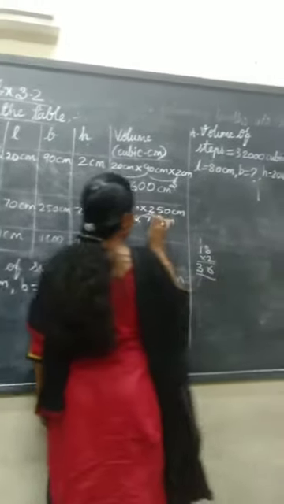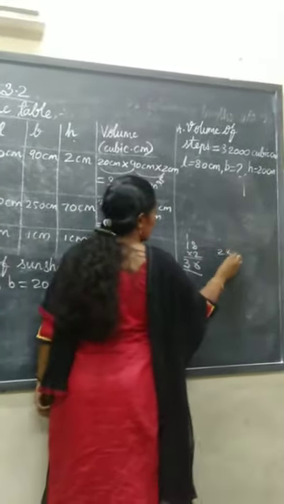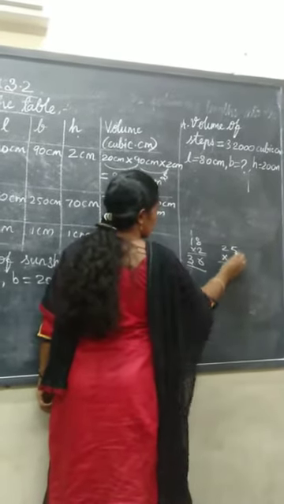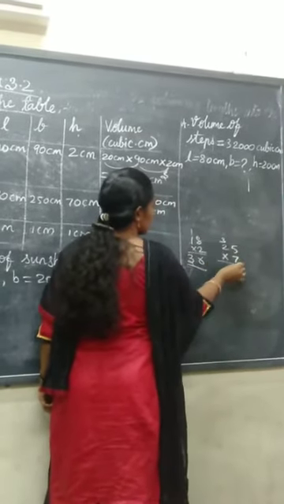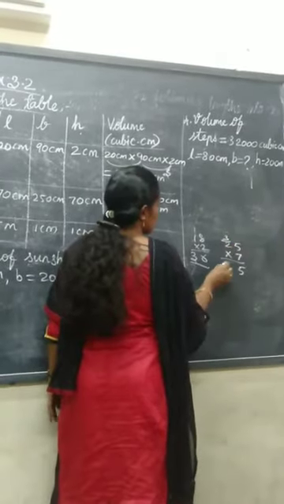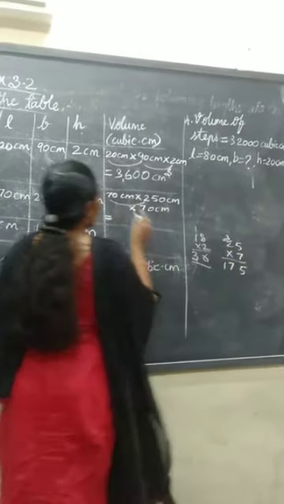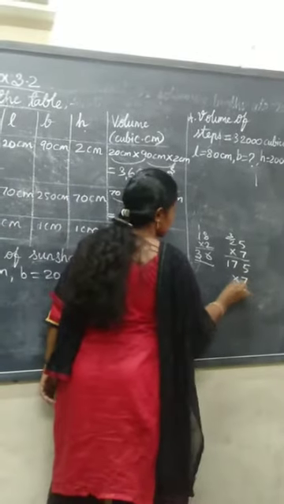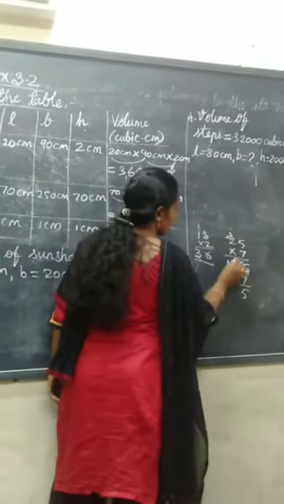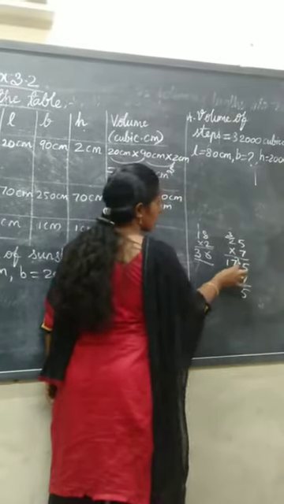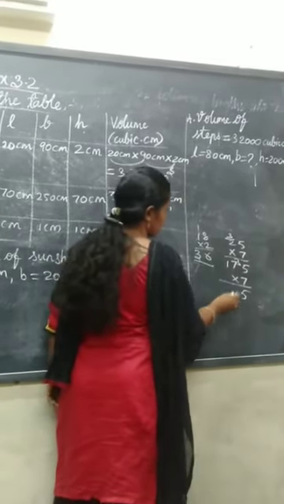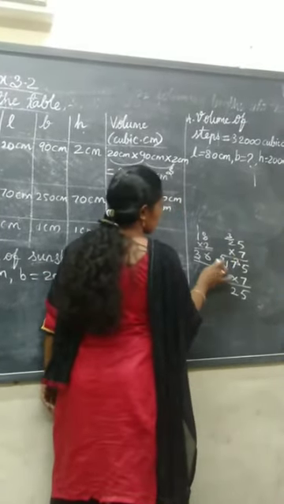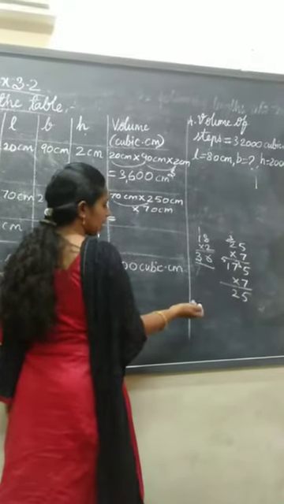First multiply 25 with the 7. 25 into 7. 7 5s are 35. 5 carry over 3. 7 2s are 14. 14 plus 3 is 17. Now with this answer again multiply 7. 7 5s are 35. 7 7s are 49. 49 plus 3 is 52. 7 1s are 7. 7 plus 5 is 12.